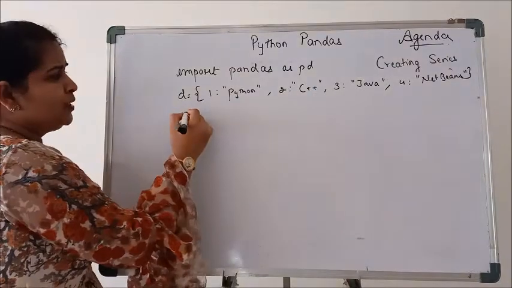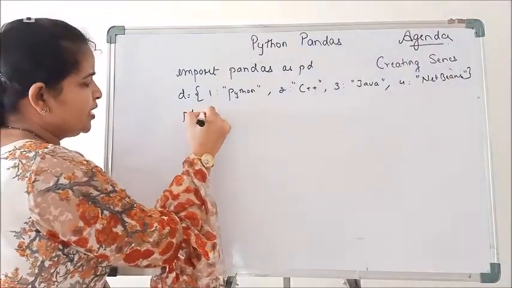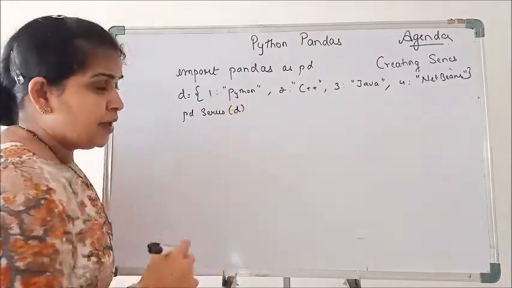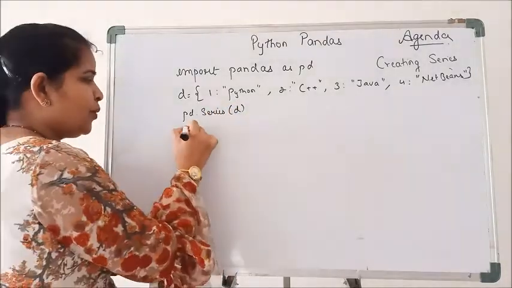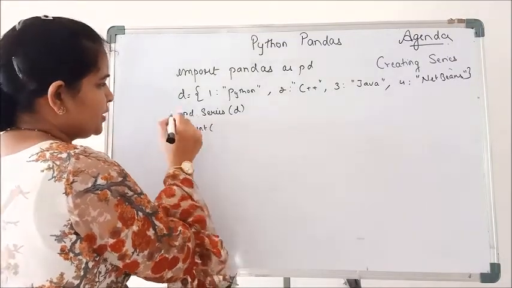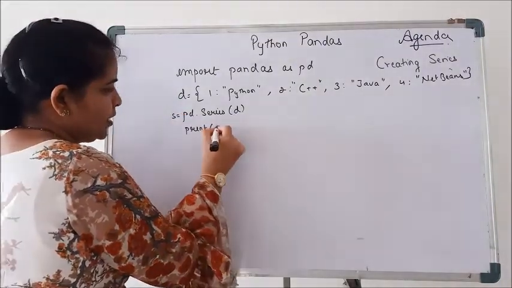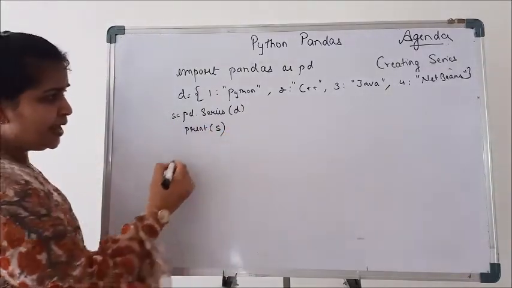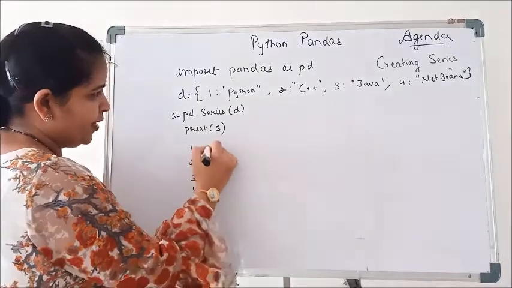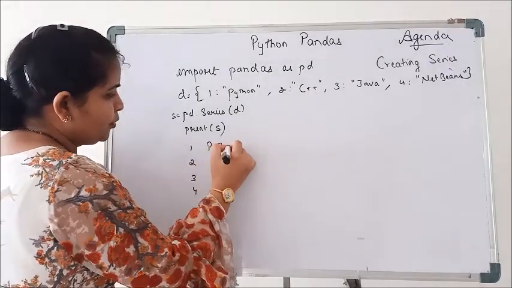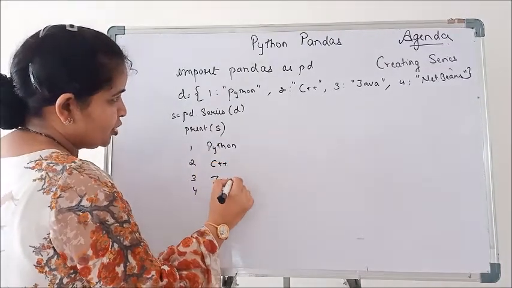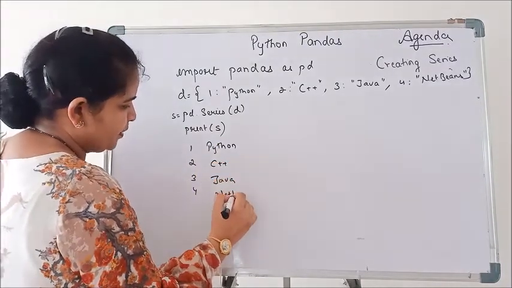We can convert this into a series by using pd.Series(D). So when you print series S, the key will be converted to index and the value will be the value of the dictionary: Python, C++, Java and NetBeans.